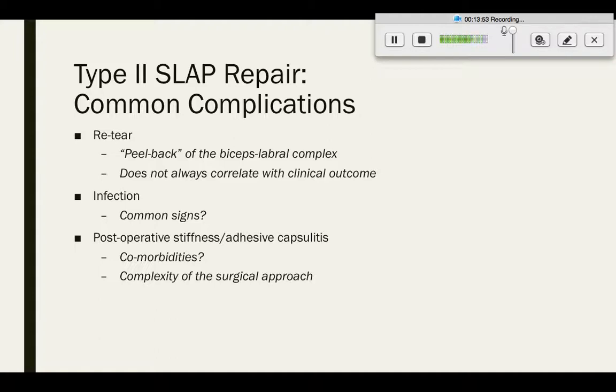Also, depending on the complexity and the type of surgical approach, this may also predispose a patient to develop postoperative stiffness. So minimally invasive arthroscopic surgeries have a lower level of risk compared to, say, an open procedure where there's a large incision and several layers of tissue that were dissected in order to gain exposure to the joint.